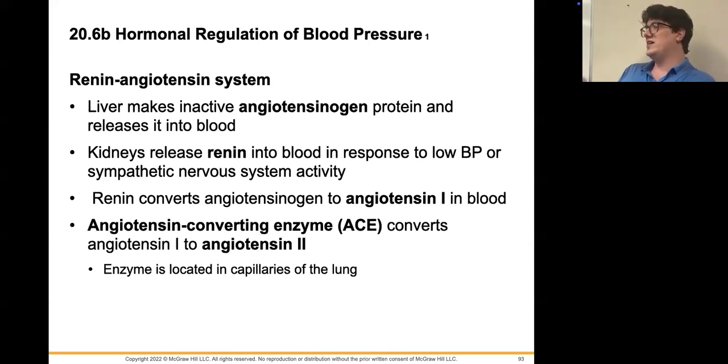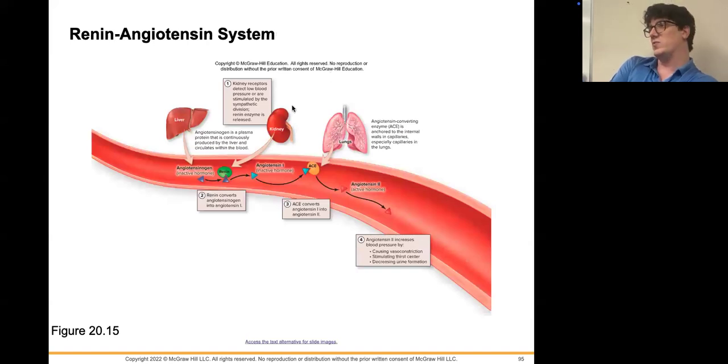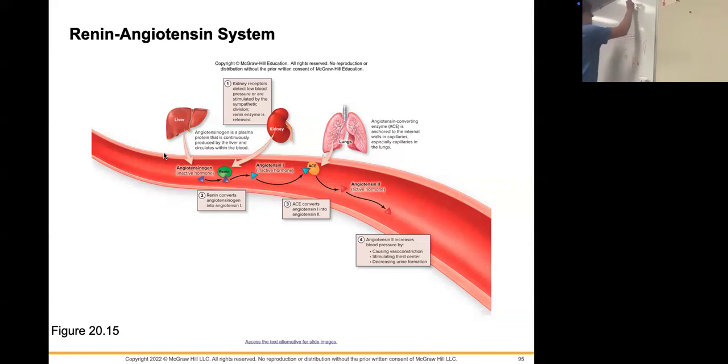Okay. So say the kidney realizes that blood pressure is too low. When the kidney recognizes that blood pressure is too low, it's going to release renin. Renin will get released from the kidney and it will act on this protein in the system called angiotensinogen. Remember that ogen means origin or to make.